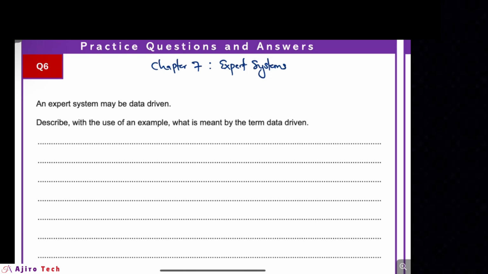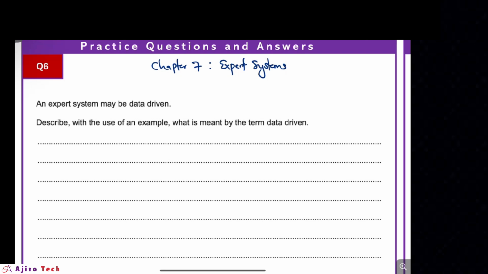Let me give another example so you understand, maybe that one is not clear. Let's use a medical expert system. For example, the user enters, I have fever, I have cough, I have headache. These facts become a starting point for the expert system.